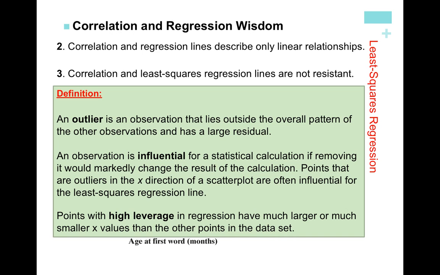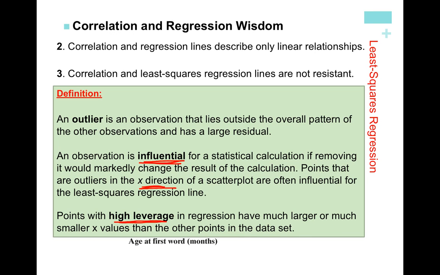So points that are outliers in the X direction are often influential points. Many times influential observations are also considered high leverage. So high leverage basically have much larger or much smaller X values than the other points in the data set.